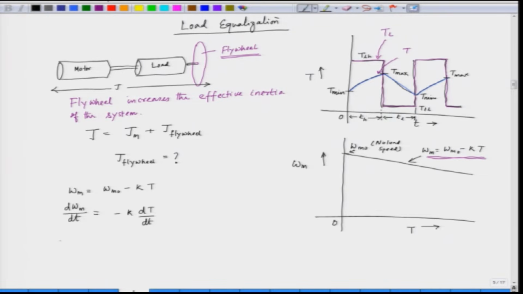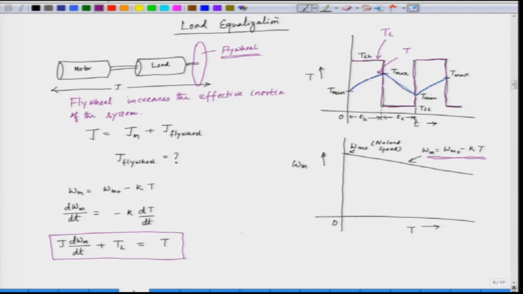And we will be applying our equation. The equation is J d omega m by dt, the motor equation, plus T L equal to T. This is a very popular equation for the load and motor: J d omega m by dt, which is the inertial torque, plus T L, where T L is the load torque, is equal to T, the motor torque.